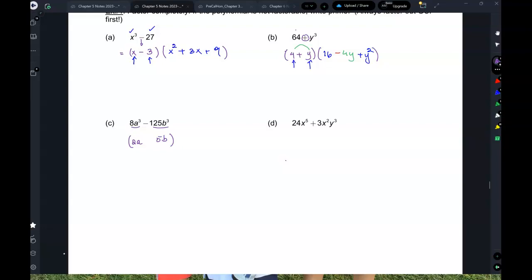Does the middle get a plus or a minus? Minus. Now, in this parentheses, do I have any negatives for the second? No. Okay, so look, I'm going to square the first one. When I square this, what does that give me? 4a squared.